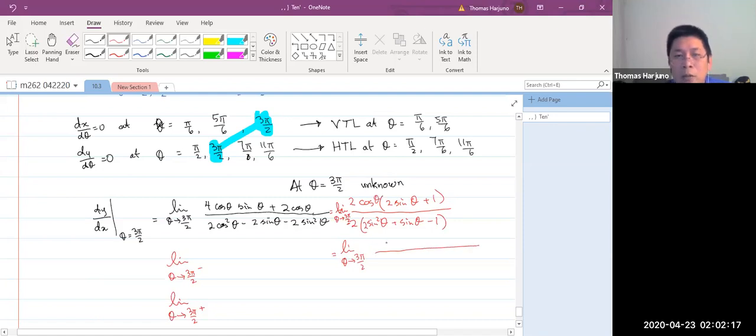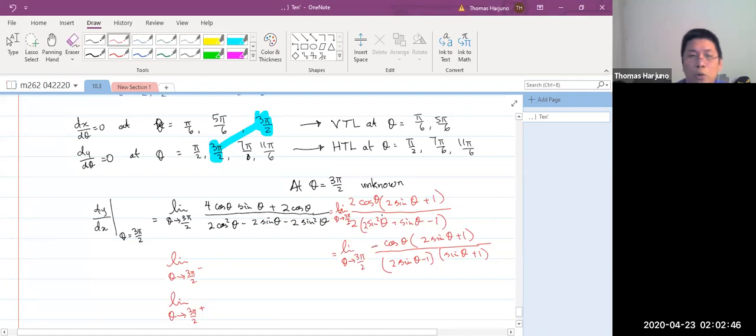Get cosine theta times 2 sine theta plus 1 on top, and at the bottom I get 2 sine theta minus 1 and sine theta plus 1. Isn't it? Yeah, the 2 cancels, and I have a negative here. Let me put the negative here.